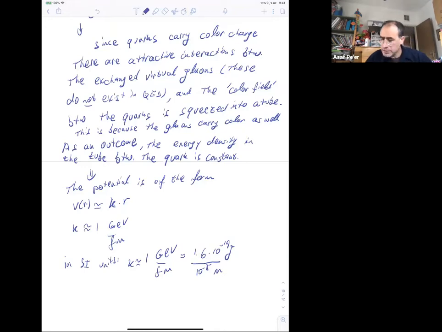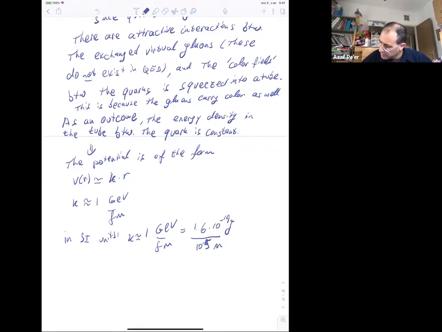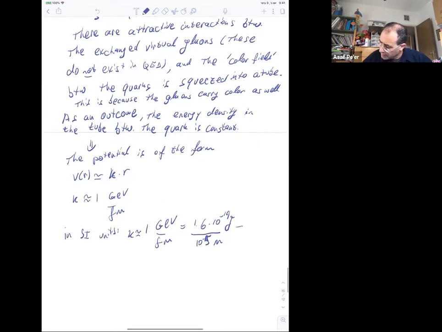I have to check the units later on. I just marked them myself. No, that's fine. And that is 1.6 times 10 to the 5 Newton. That's an extremely large force when it acts between two fundamental particles.